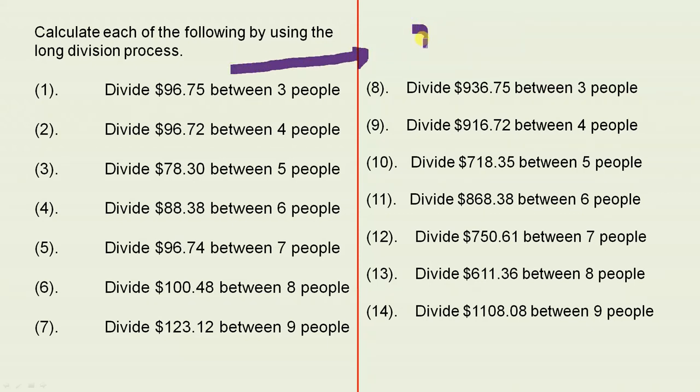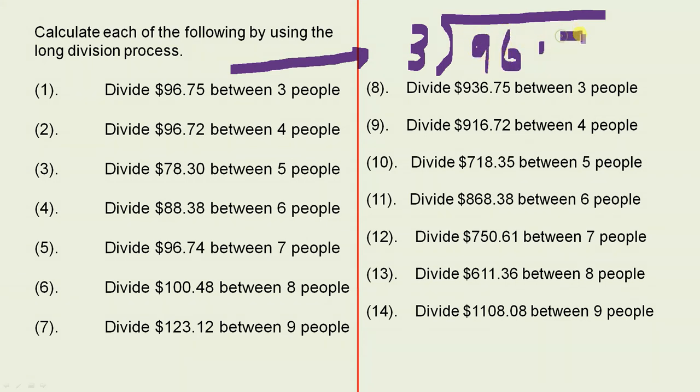Okay, you have 3, and you divide the 3 into 96.75. Just go through the normal procedure.